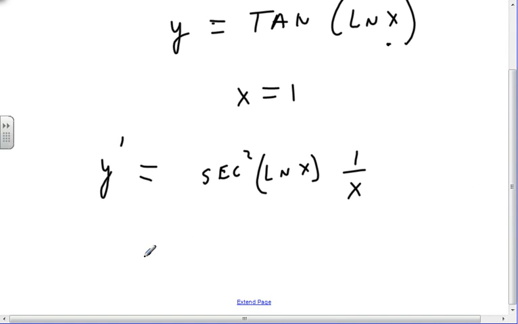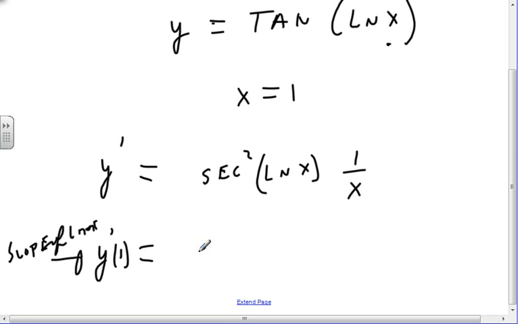Okay, so y prime at 1 is going to be the slope of the line.